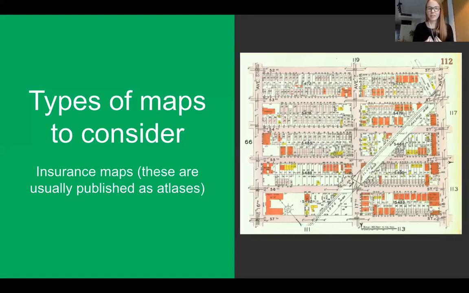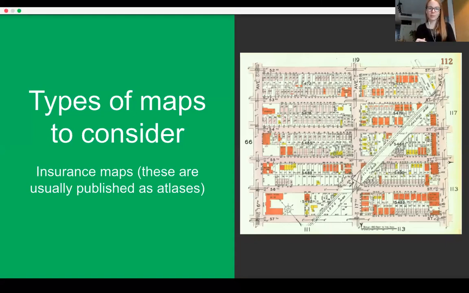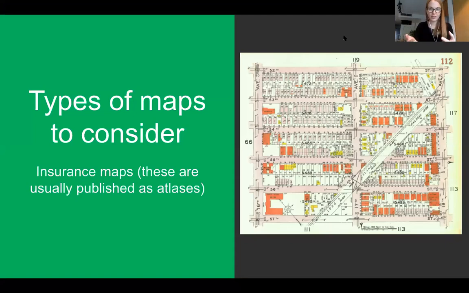For myself, as someone who loves maps, I love insurance maps, but I have handed them to students and seen panic on their faces when they see a lot more symbols than they feel comfortable being confronted with at once.